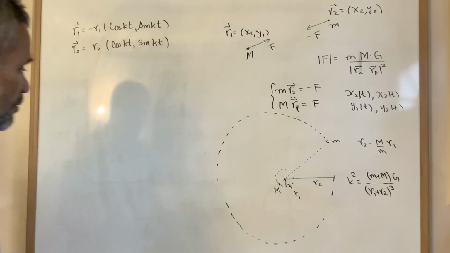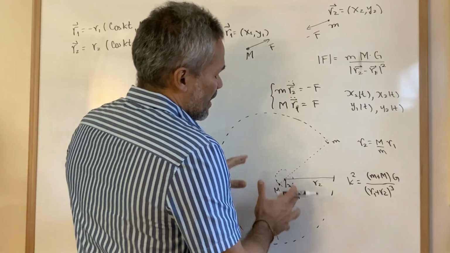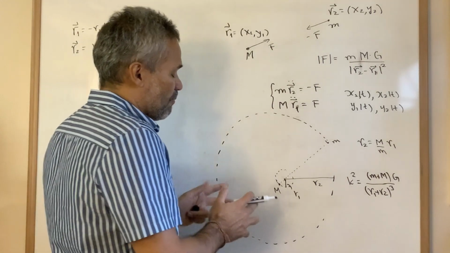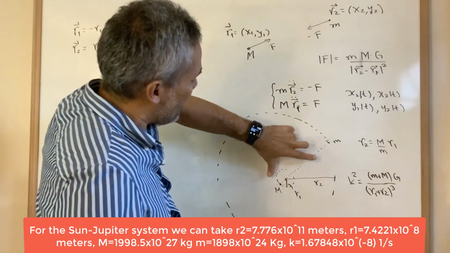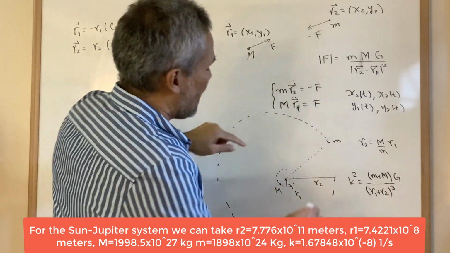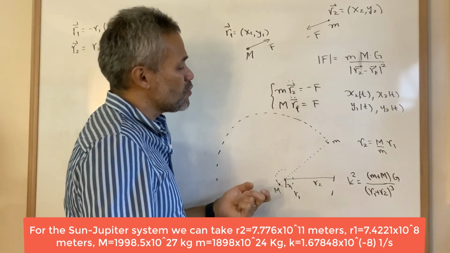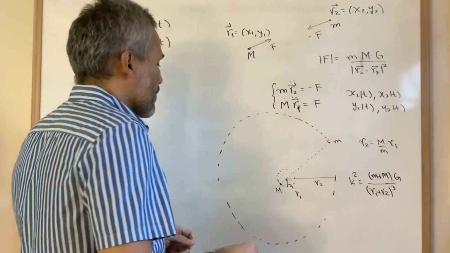We're going to assume that we have this solution, which is the easiest one, and even though it's the easiest one, it's very important because most of the planets in our solar system have a solution very similar to this one. They move on ellipses, but the eccentricity of those ellipses is so close to zero that a good approximation is a circle.